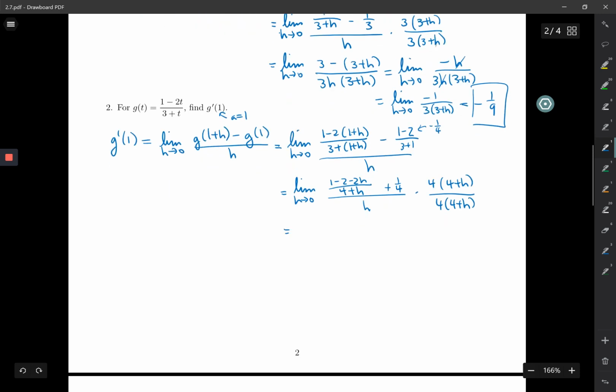and we will get, so these 4 plus h's will cancel, and I will get 4 times this thing in the numerator, which I'm going to simplify a little bit, so that would be negative 1 if I combine 1 and negative 2, like that, and then we'll get just plus 4 plus h, and then this is over 4 times h times 4 plus h.